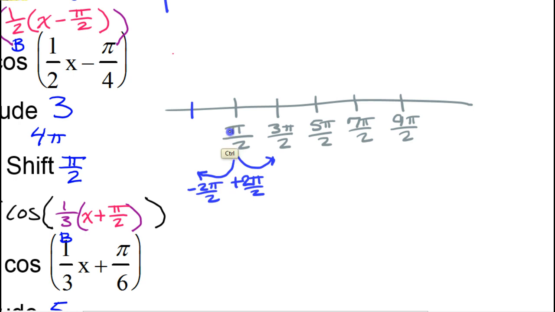So 1 pi over 2 minus 2 pi over 2 is going to be negative pi over 2. So the y-axis is at 0. So when I see a negative number and a positive number, I know that the y-axis is going to be in between.